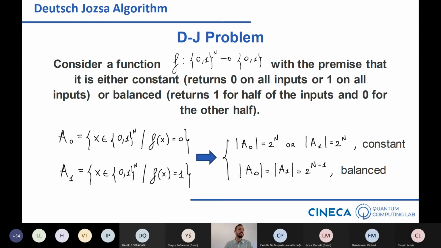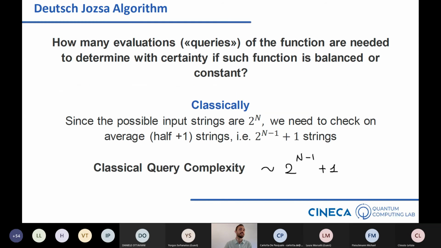If the function is balanced, and I'm very lucky, I get a second input x2 and a result that is not the one I obtained with x1. With just 2 queries, I get with certainty that the function is balanced. But this is the luckiest case.